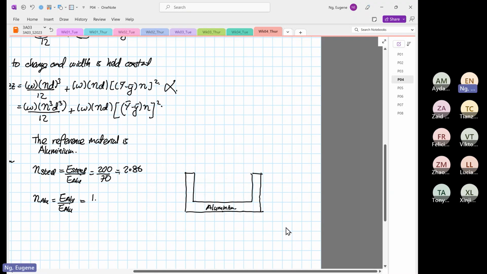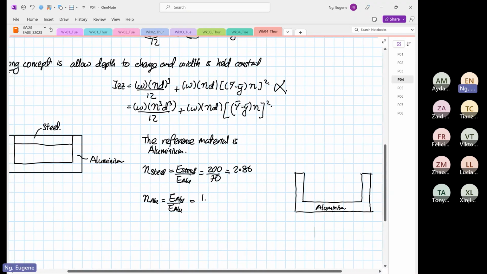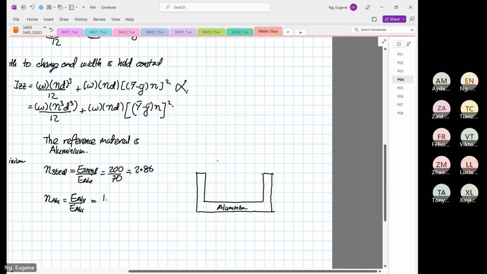Then the steel part, so the steel is what? So the steel will look like this.